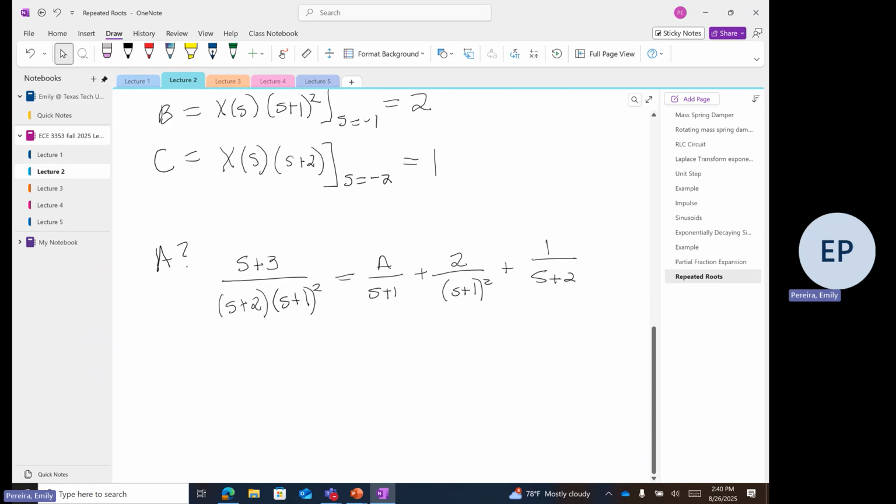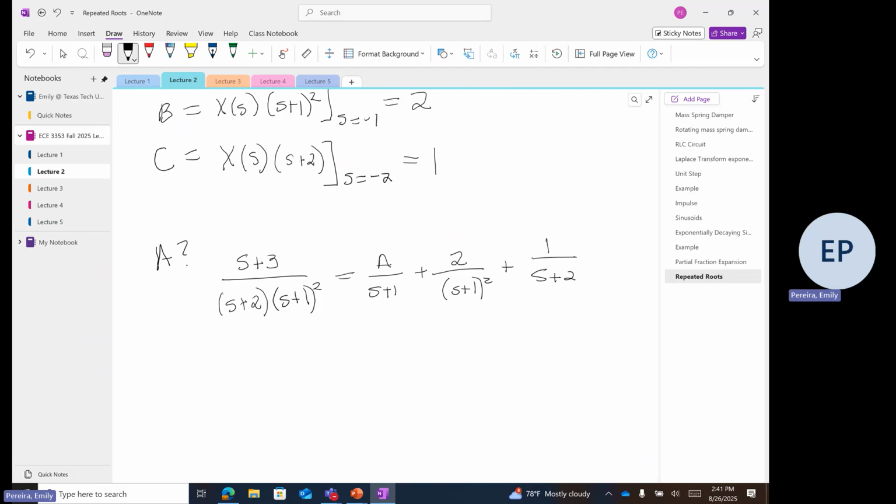Okay, so in order to continue, we need to find a common denominator on the right-hand side here. So our common denominator is going to be s plus 1 squared times s plus 2. So in order to get this common denominator for A, we need to multiply by s plus 1 times s plus 2.